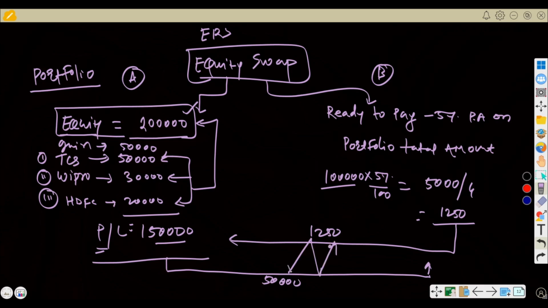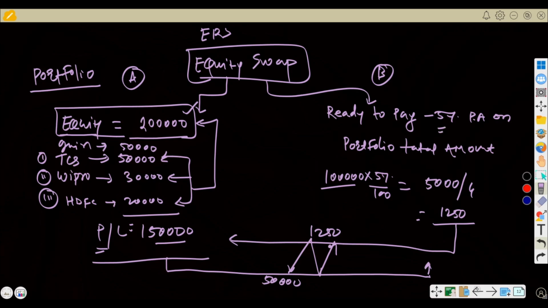Now we will realize why this is important. B made a huge profit without holding any physical assets, and A made only 1,250 profit, just because he didn't want risk. He was looking for how he could mitigate the risk, and he mitigated risk with the 5% interest payment on the portfolio.